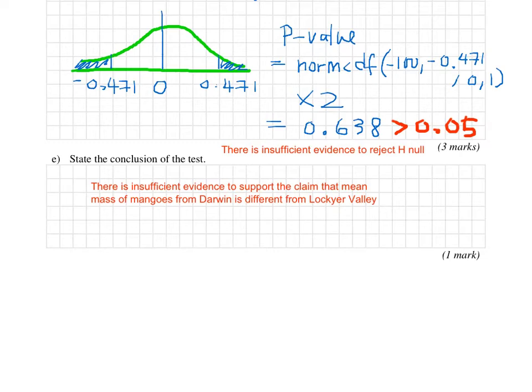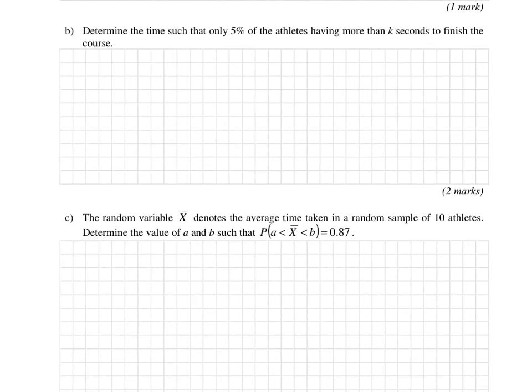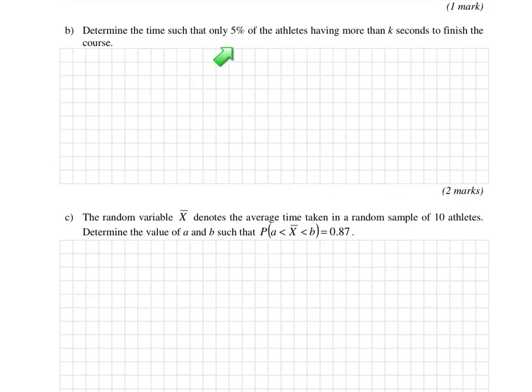Now moving on. Before we solve the fifth question, we'll take a look at these normal distributions, with mean and standard deviation provided, and you are asked to find this k value later, and also to find unknowns.